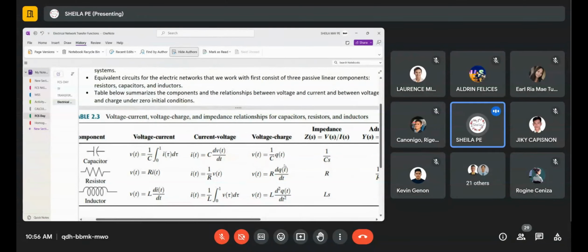And for voltage to charge, V of t equals 1 over C Q of t.